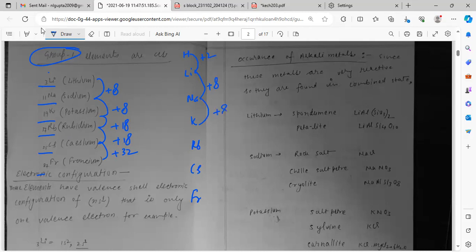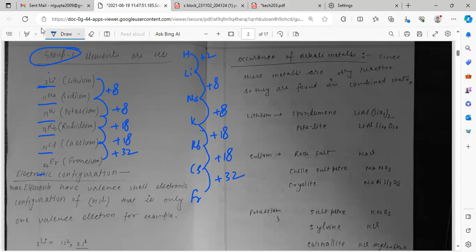The third period again has 8. The fourth and fifth periods have 18 each. The sixth and seventh periods have 32. Hydrogen we are not taking; we only take lithium, sodium, potassium, rubidium, cesium, francium. Is it okay?